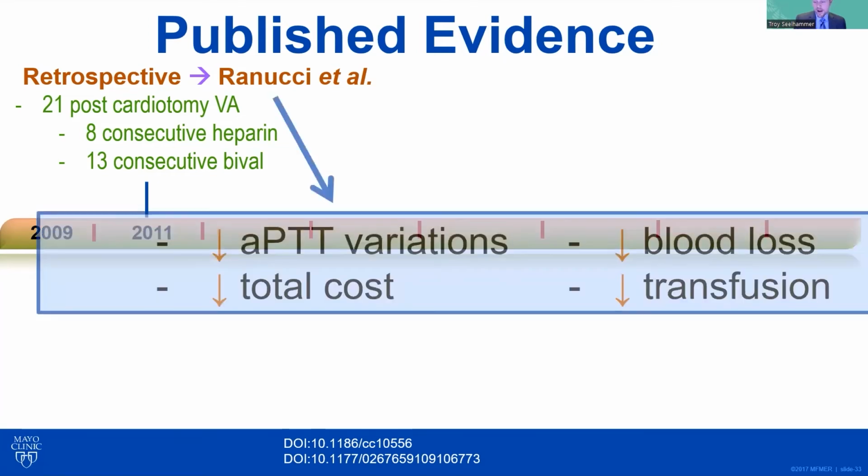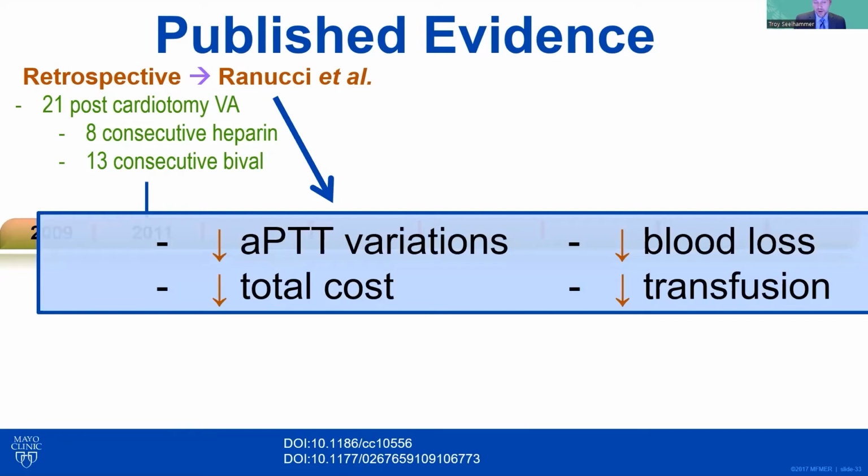They found a reduction in laboratory assay frequency in the bivalirudin cohort, and also a reduction in blood loss and a secondary reduction in the requirement for allogeneic transfusion of blood products. Taken together, despite the gross increase in cost of bivalirudin versus unfractionated heparin, there was an overall reduced cost of administration of systemic anticoagulation therapy in this population.